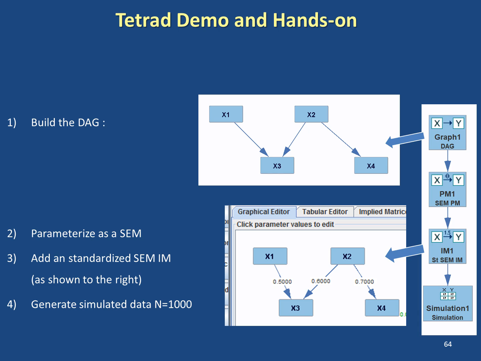In this case, I created a structure in which x1 causes x3, x2 causes x3, x2 causes x4. I parameterize that as a structural equation model. So I'm going to take a graph and build it to have that structure. And what I'm going to do is run two kinds of search on the data I simulate from this graph and then see what we get and how it relates to the truth.